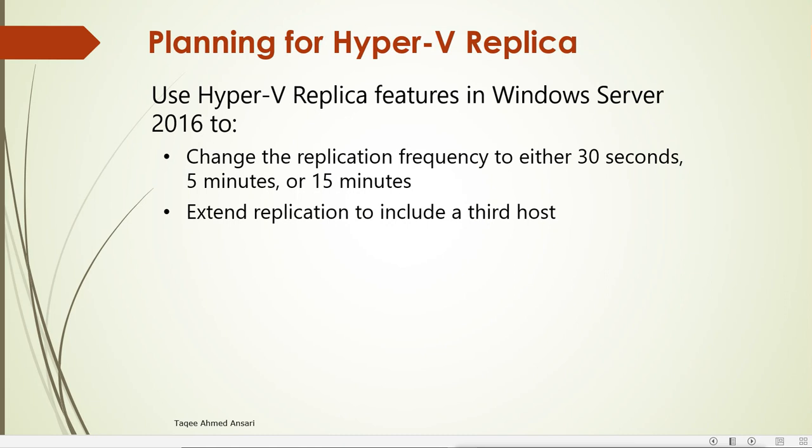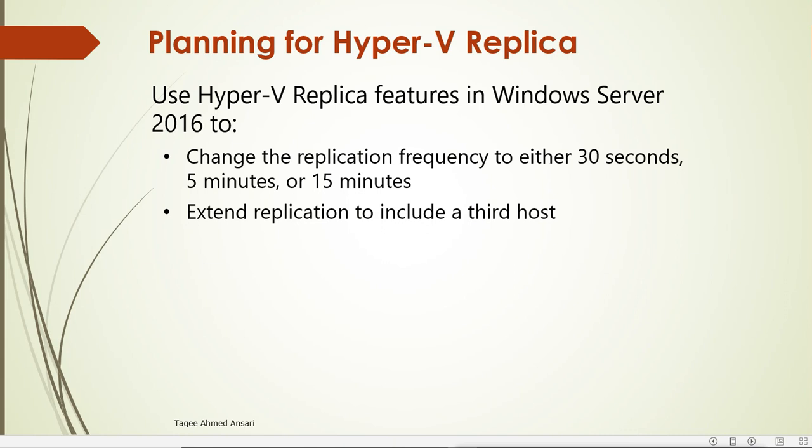Now for planning Hyper-V Replica, we use the Hyper-V Replica feature in Windows Server 2016 to change the replication frequency to either 30 seconds, 5 minutes or 15 minutes. That means we can change the frequency of updating the changes from the main primary machine to the replica machine. Why? Suppose we want to make the changes quickly.